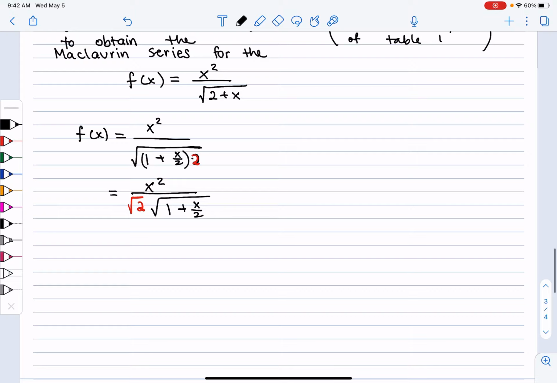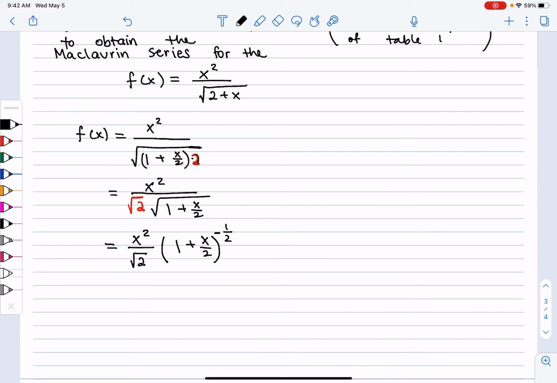Let me rewrite this one more time. We can say that the function f of x is equal to x squared over the square root of 2 times 1 plus x over 2 to the negative 1/2. So f of x can be written in this form.